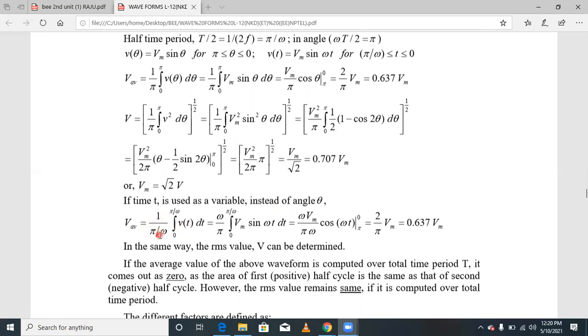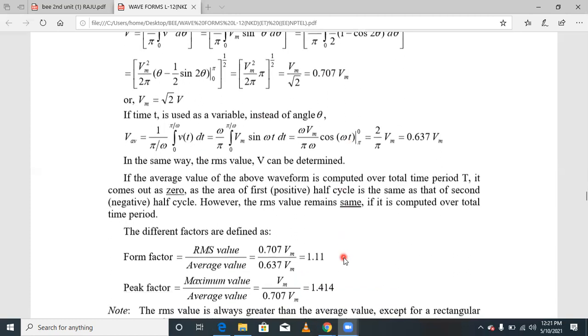So V average is equal to 1 by pi by omega, integral 0 to pi by omega of v of t. Substitute here and you will get 0.637 Vm. In the same way, the RMS value can be determined. So by substituting either the angle or the time period, both ways you can easily find the RMS value and average value.